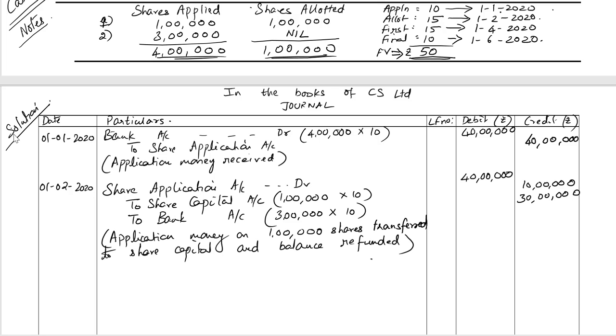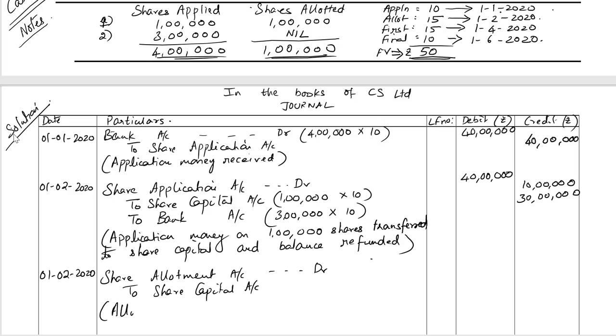Next, let's make the allotment money due. The allotment money becomes due on the date of the allotment, which is 1st February 2020. Share allotment account debit, to share capital account, for the allotment money due.